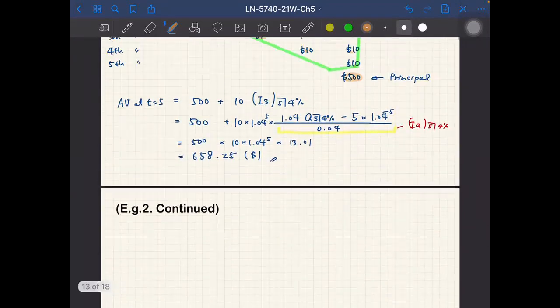And here we calculated this one, the (IA) right angle 5, and this can be calculated with the increasing annuity formula.